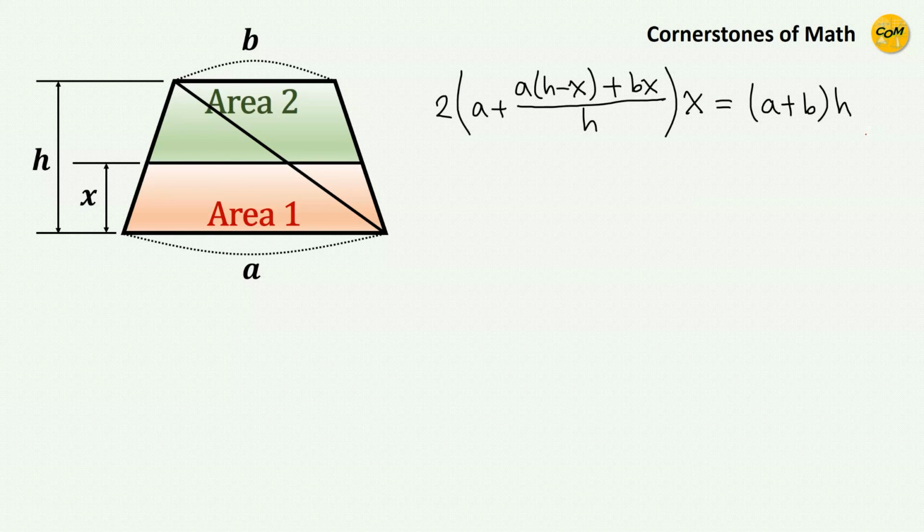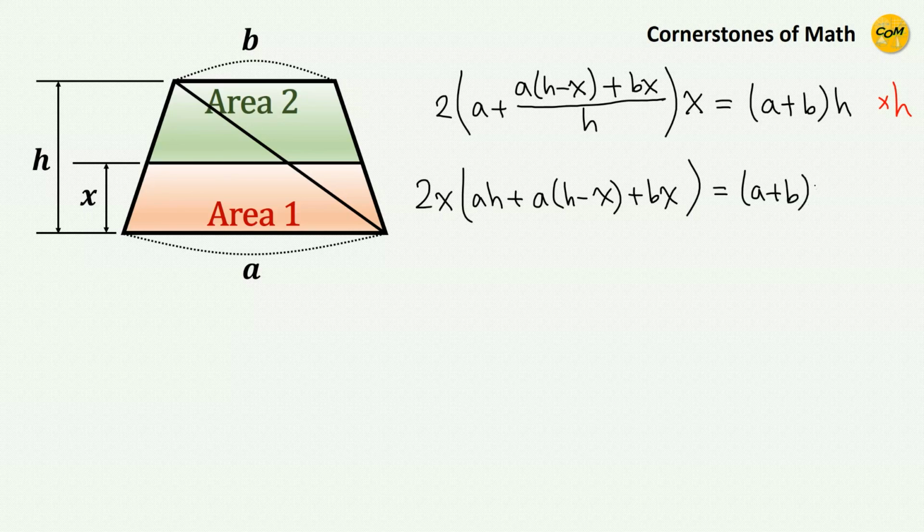So we have to find x from here, and let's first multiply h to remove the fraction on the left-hand side. Then we have, let's write 2x first, then (Ah plus A(h minus x) plus Bx) here, and this equals (A plus B)h squared.